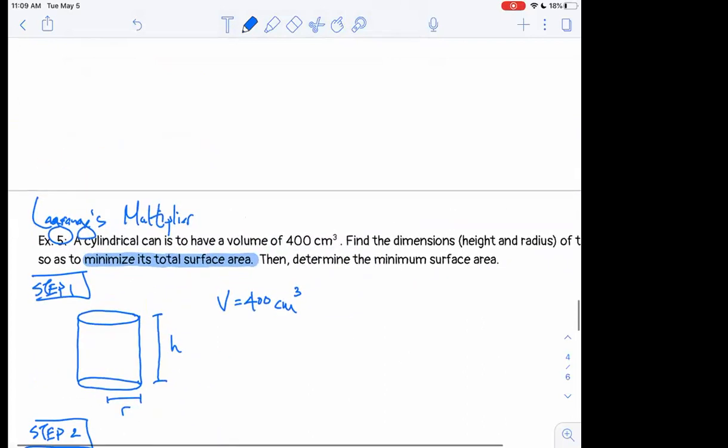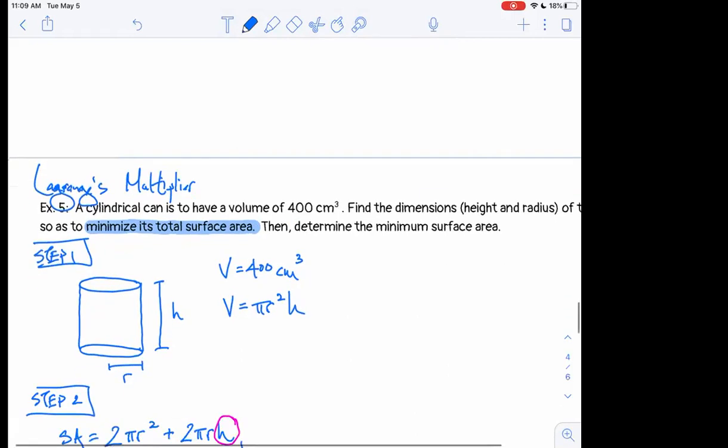All right, volume formula for a cylindrical can. Someone tell me what that is. Pi r squared h. Good, because we've got the circles and we stack them up to a certain height, and that will give us the volume inside of the can.